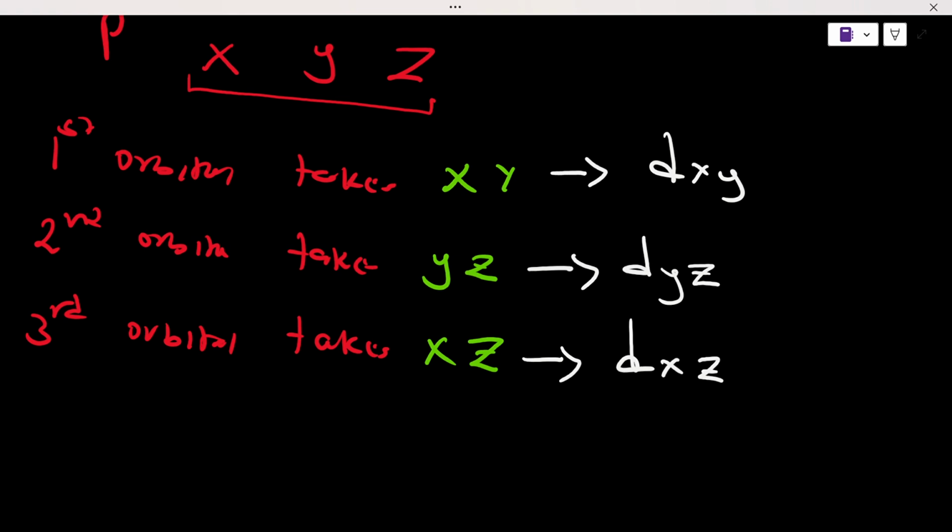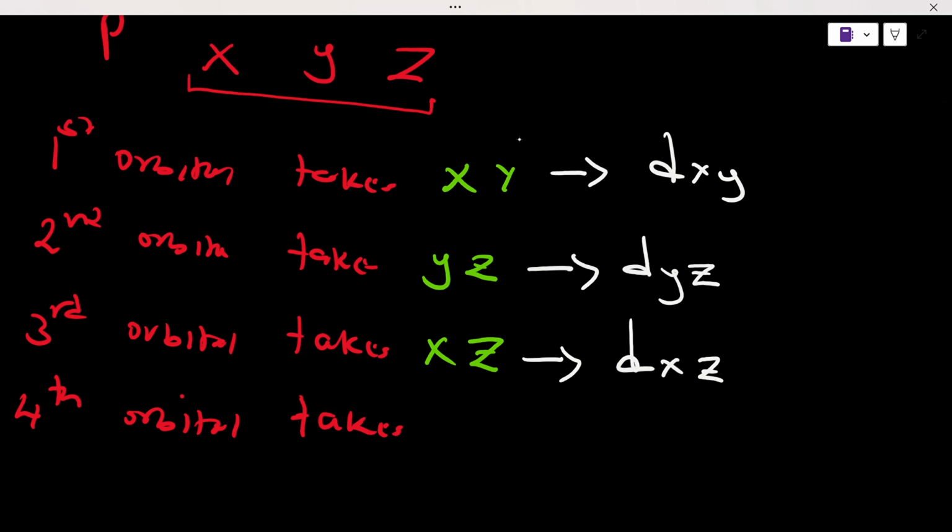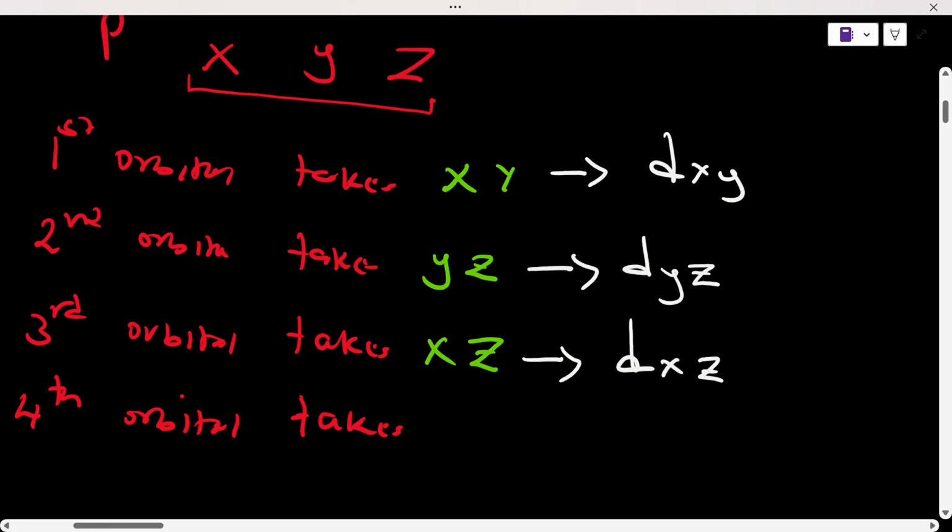The fourth orbital, because we're supposed to have 5 of them, takes the x squared minus y squared.